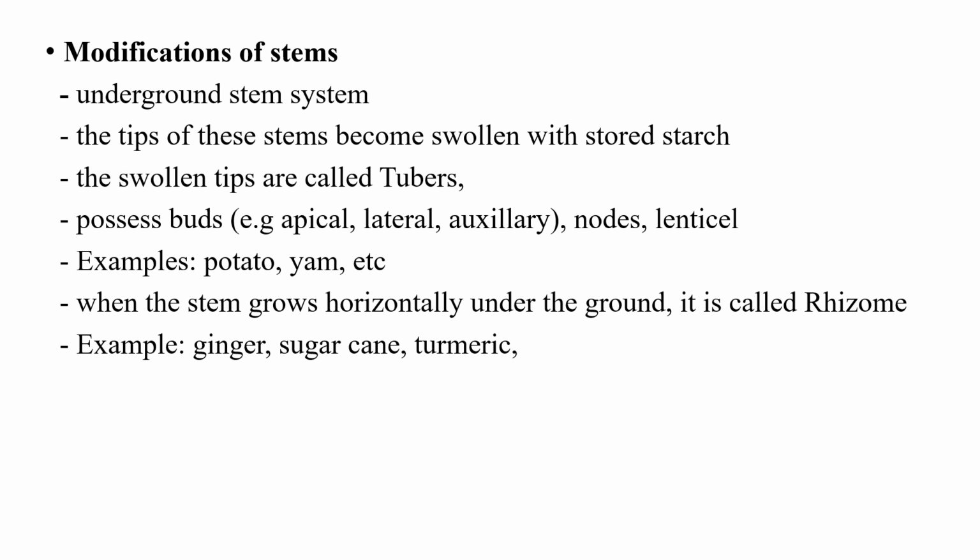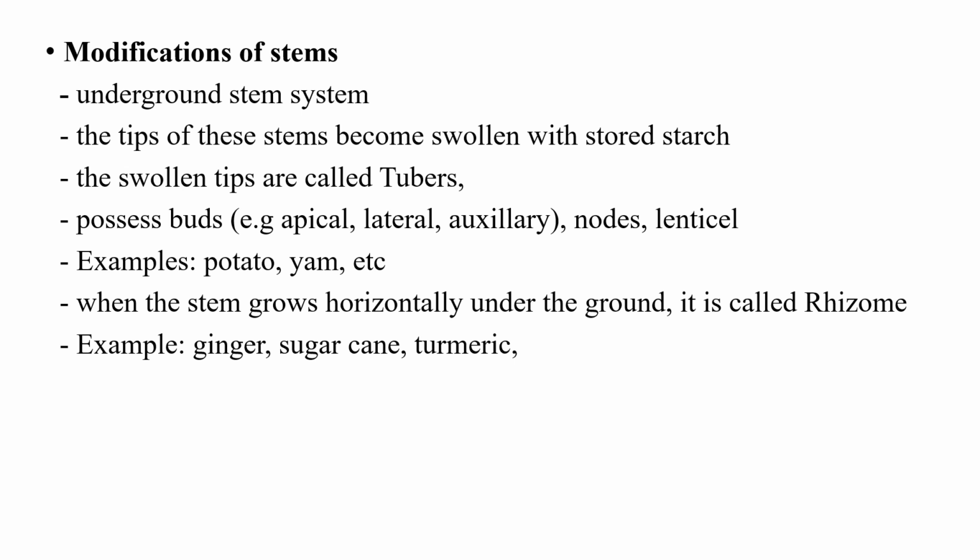In the first one, when the stem grows down into the ground, at the end, that is at the tip of the stems, it becomes swollen with stored starch. It becomes swollen and now has a conical shape. The swollen tips now have a conical shape, and in that situation we call those ones tubers, and we refer to such as stem tubers.